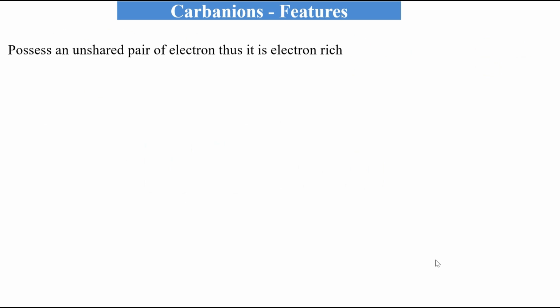Carbanions have an unshared pair of electrons. Thus, it becomes electron rich. And it has pyramidal geometry, meaning it has a tetrahedral structure.